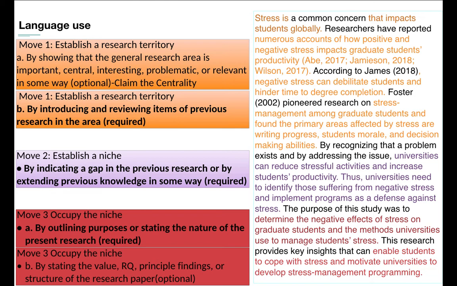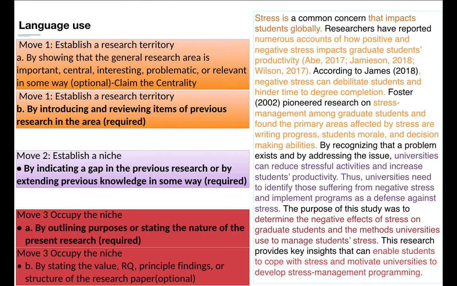So these are all about introducing the previous research. And you can also talk about some problems that exist. You identify a gap or something, or the purpose of your study, or what the research provides.